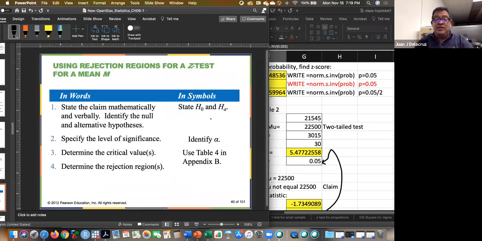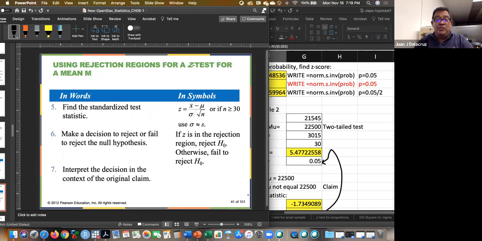Same thing, we're gonna state the hypothesis, identify the significance, and so on. So in this case, we need to find the C-score, make sure that our sample is greater than 30, or at least we have sigma. So we are gonna find whether C is in the rejection region, we reject, otherwise we fail to reject, and then we make an interpretation in the context of the original claim.